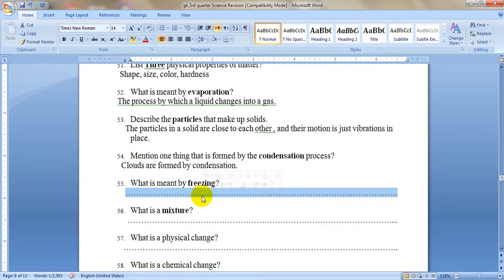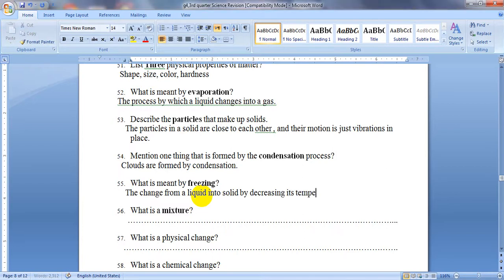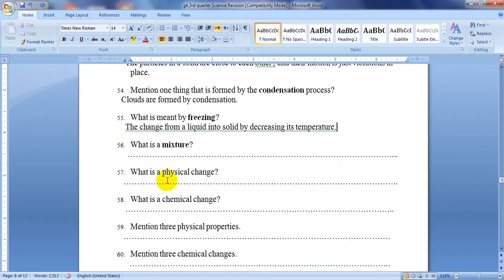So freezing means the change from a liquid into solid by decreasing its temperature.